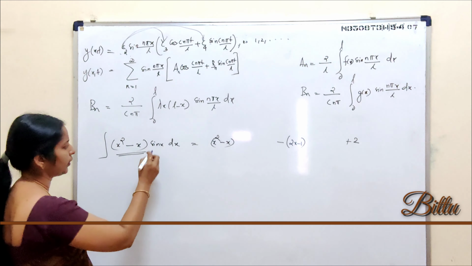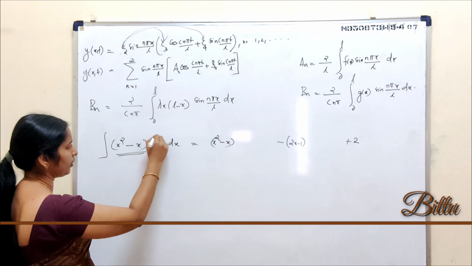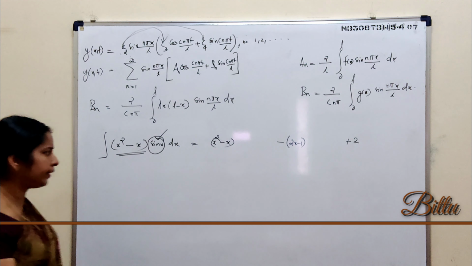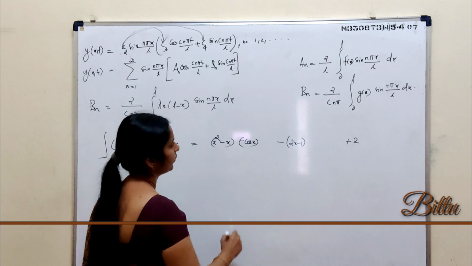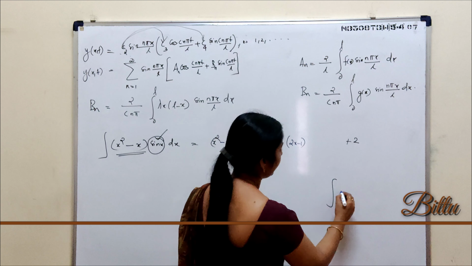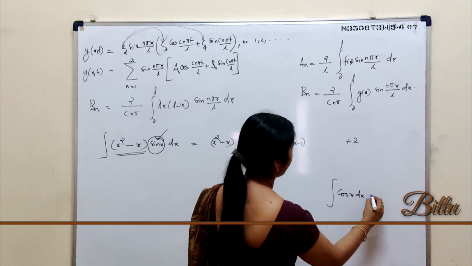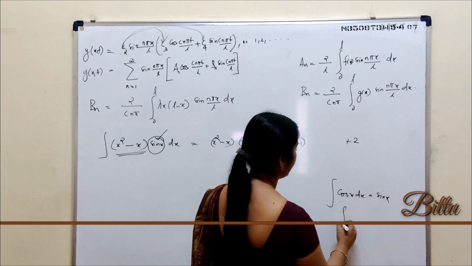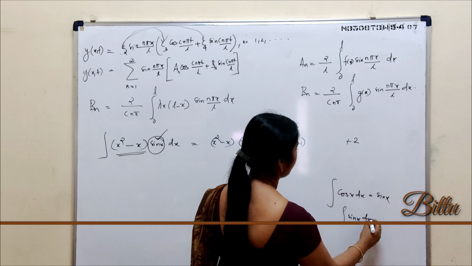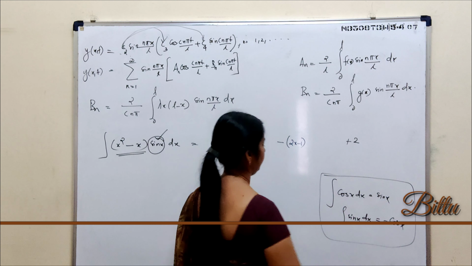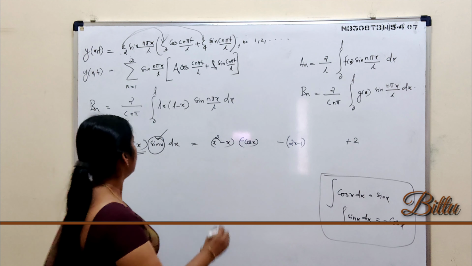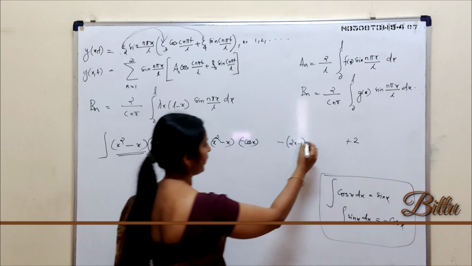Next you consider the second function, which is our sin x. You write its integral here. Its integral is minus cos x. See, integral of cos x is sin x and integral of sin x is minus cos x. Next you write its integral here.